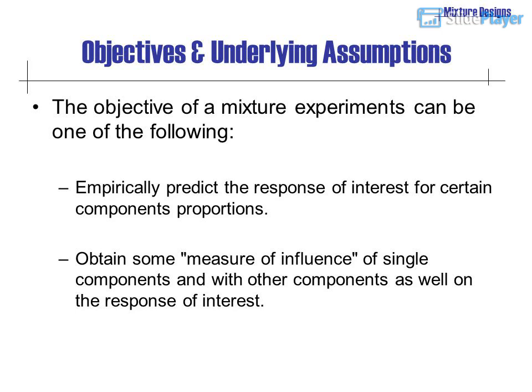Objectives and underlying assumptions. The objective of a mixture experiment can be one of the following: empirically predict the response of interest for certain components' proportions, or obtain some measure of the influence of single components, and their interaction with other components, on the response of interest.